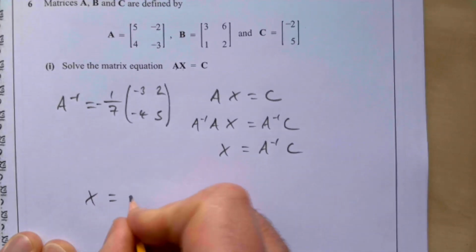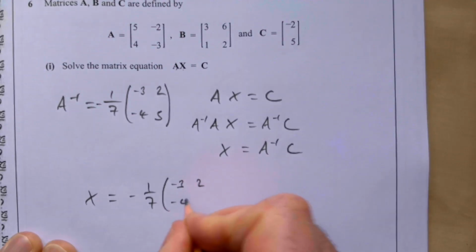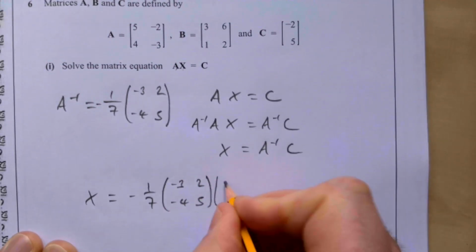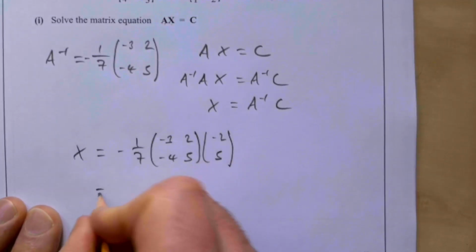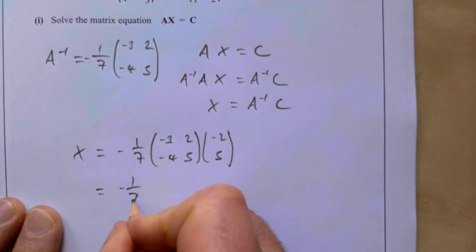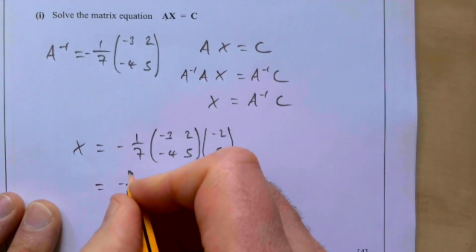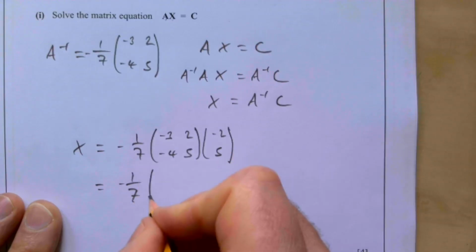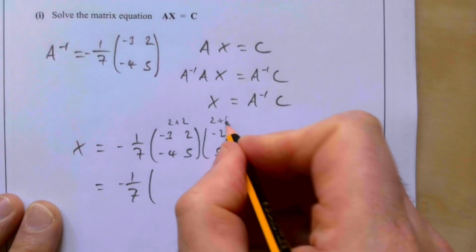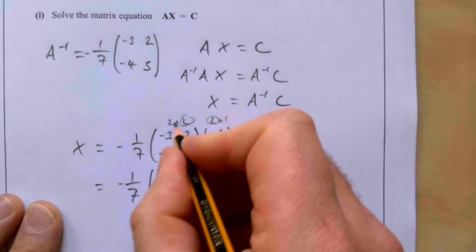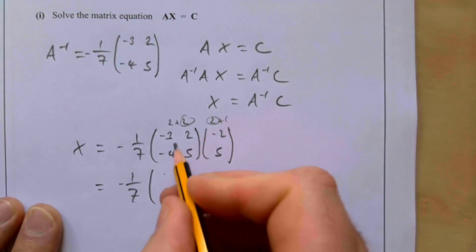So X then equals minus 1 over 7, minus 3, 2, minus 4, 5, times minus 2, 5. This is a 2 by 2. This is a 2 by 1. So we can multiply them, and the result then is a 2 by 1.